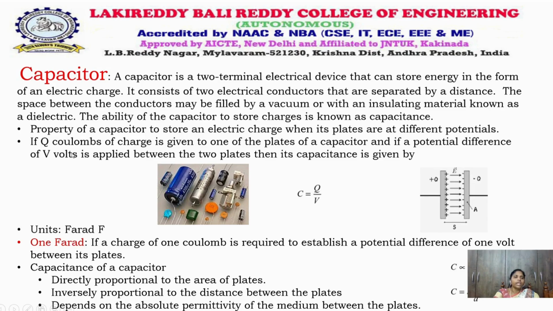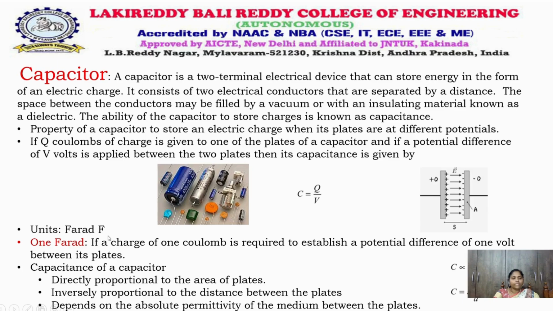For example, if q coulombs of charge is given to one of the plates of a capacitor, and if a potential difference of V volts is applied between the two plates, then the capacitance is represented as C equal to Q by V. This is the capacitor where two plates are separated by a distance, and these are the possible capacitors used in practice nowadays.